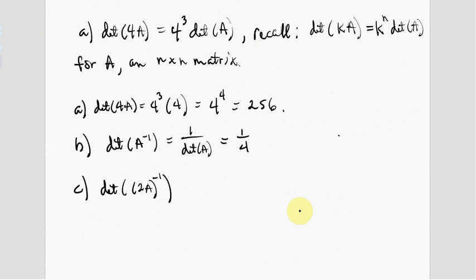So this one becomes this. This is 1 over the determinant of 2A.